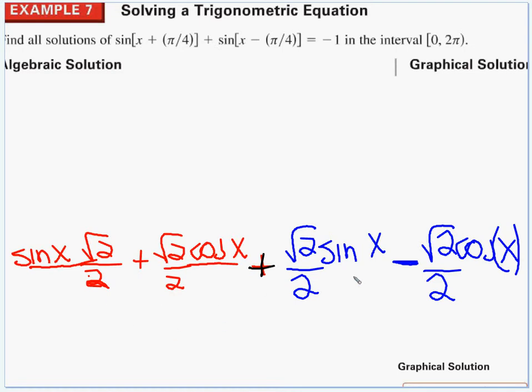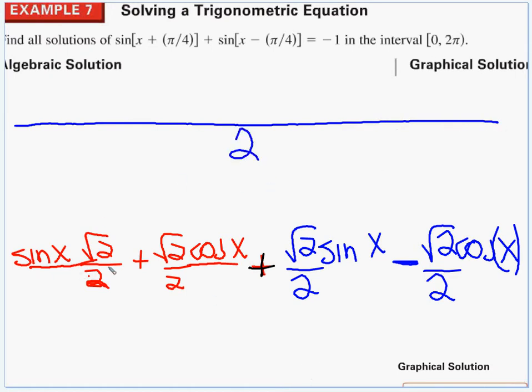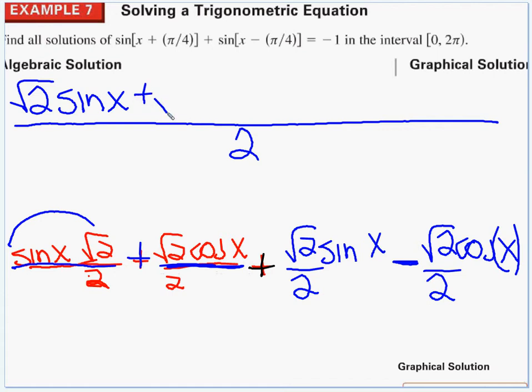We could put all this over a common denominator. Yeah, that might be the easiest way to go. Everything has a denominator 2. First up top above this 2, I'm going to put my radicals in front of my trig functions. Root 2 sine x, plus root 2 cos x.